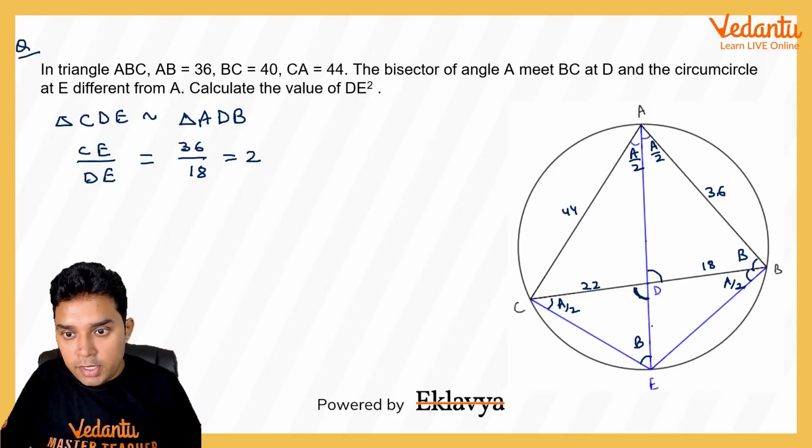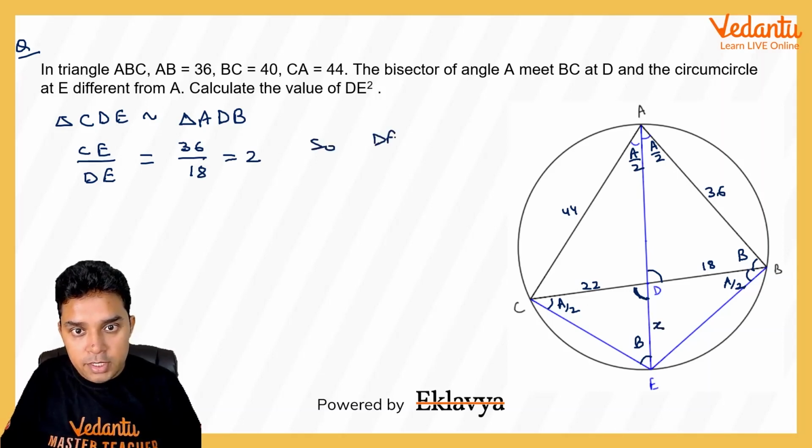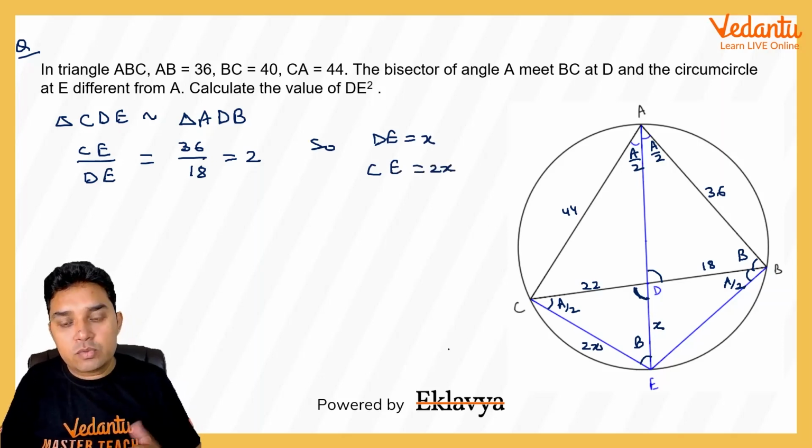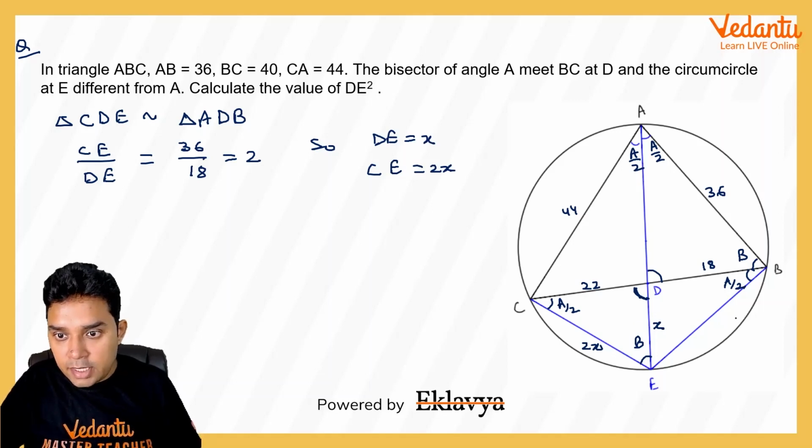So if we call this DE to be x, our CE will become 2x. Now I think this question will become easy, because we know this is 2x, and this BE will also be 2x only.